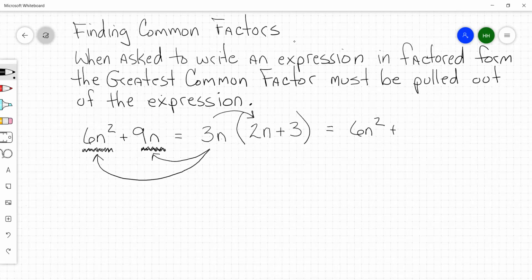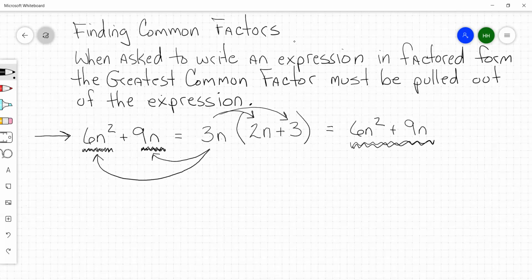And if you took 3n and multiplied it by 3, you would get 9n. And if this product is the same as the expression that you started with, then you factored correctly. Make sense? Very good, very good.